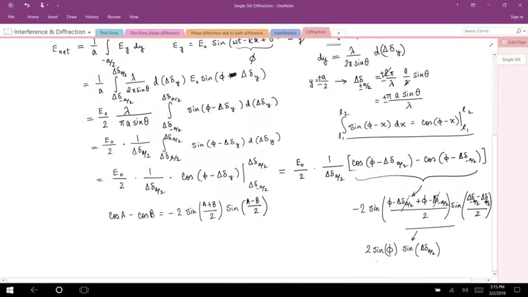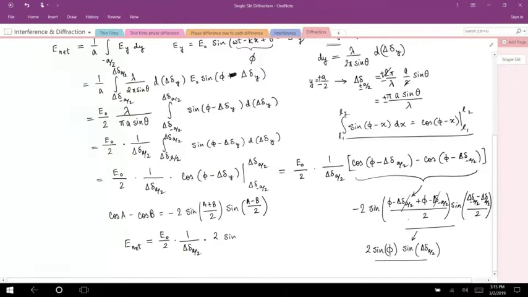So that's the idea. Now I can take this and plug it back into my original expression, and so I get E net, the net electric field, is equal to E naught over 2 times 1 over delta delta of a over 2 times 2 times sine of phi. I'm going to plug that phi back in. What was our phi?